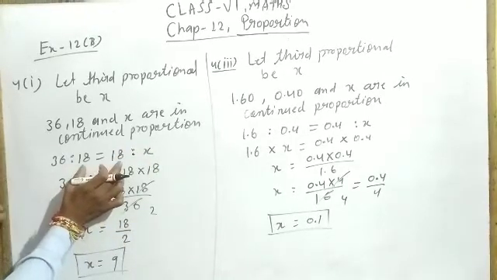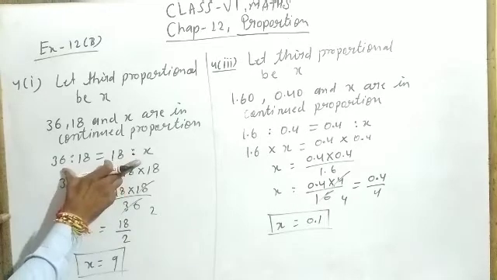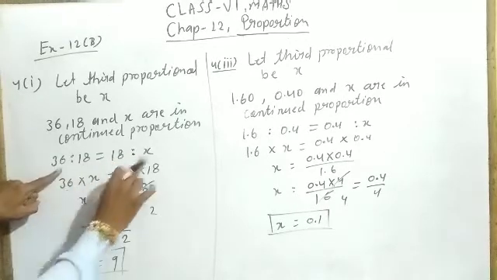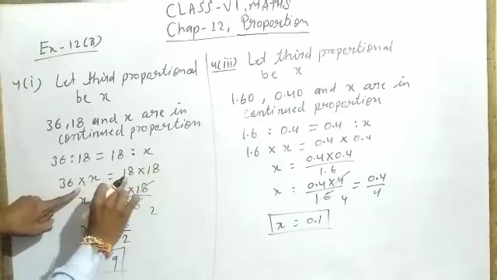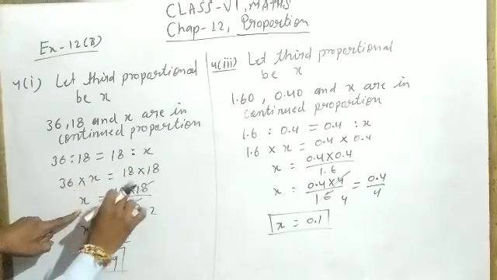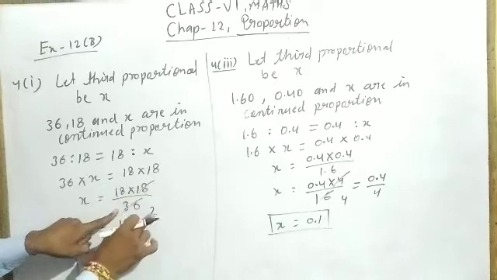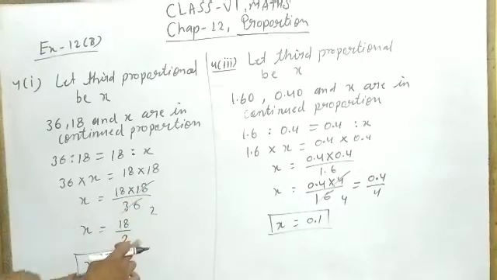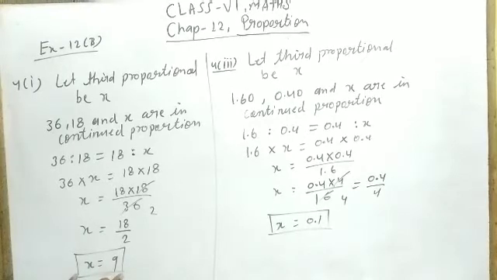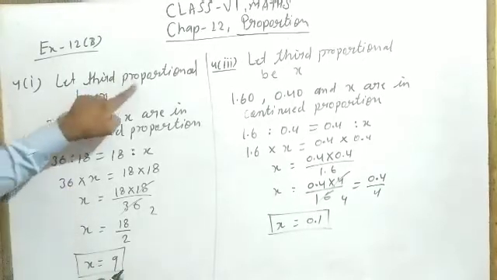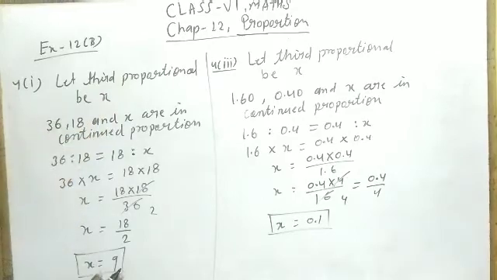Then 18 into 18, product of means equals product of extremes. Then x into 36 equals 18 into 18. x equals 18 into 18 upon 36. 18 twos are 36 and 2 nines are 18. Then it will be cancelled and x equals 9. x is the third proportional, and the value of x is 9.